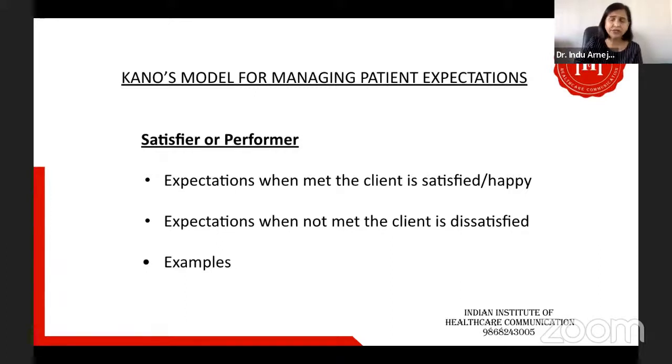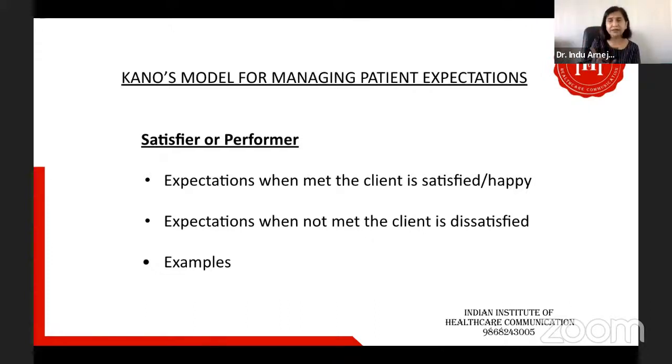So greeting the patient, welcoming the patient, offering a place to sit, having a neat and clean toilet, providing a neat and clean room, AC is functioning, cleanliness, ambience of the place, all this is part of performer.